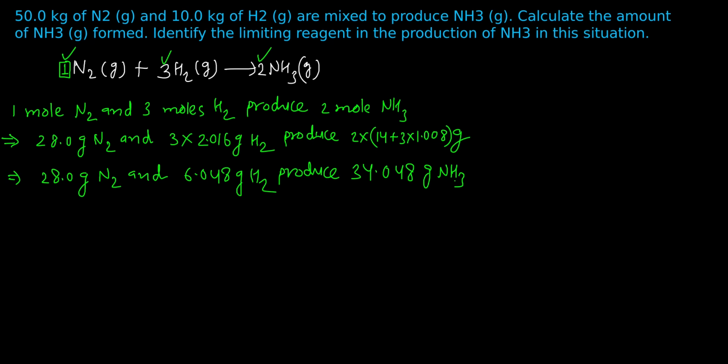I am not rounding off any number here in the intermediate steps. So now we have this much nitrogen requires this much hydrogen to produce this much ammonia.